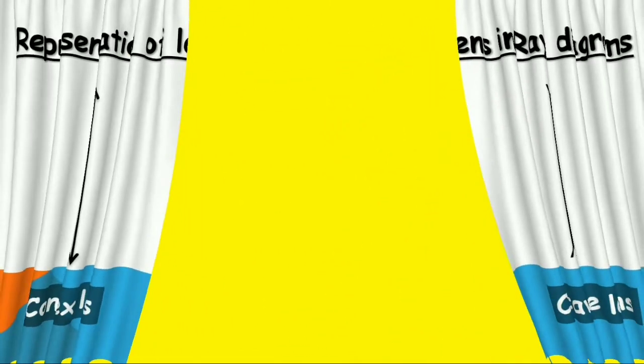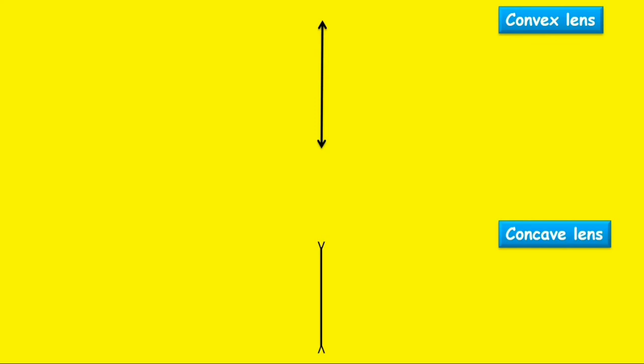Now coming to the situations, let us check the four situations one by one. The above one is the convex lens and the below one is the concave lens. They have midpoints called optic centers, and they also have centers of curvature C1 and C2.